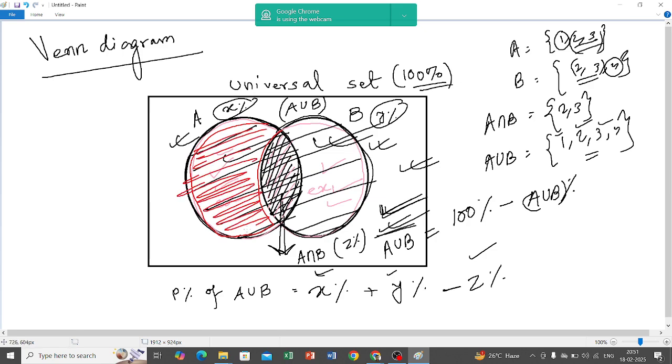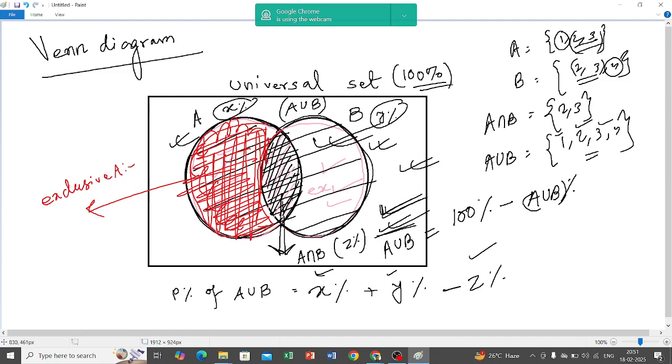Only this part. Okay. What is this part? Can anybody tell? A minus A union B. Anybody else? This is exclusive A, this red exclusive part of A. That is fine, but that is in words.